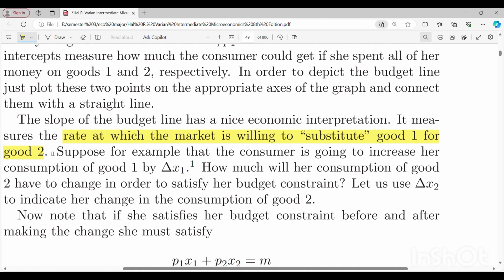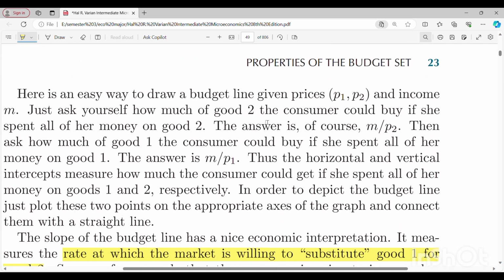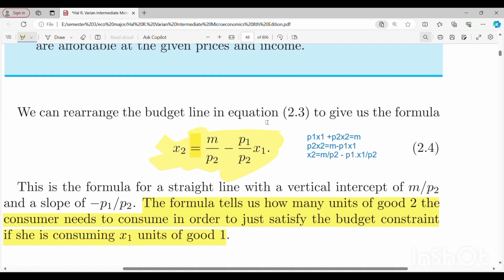As in this formula, we are studying how much more X2 is to be consumed to satisfy the budget constraint when X1 units of good 1 are consumed. So the rate of substitution: if X2 is this much and X1 is this much, how much more or how much less X2 has to be consumed?